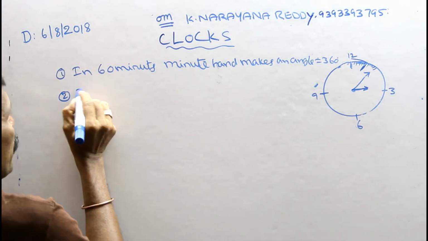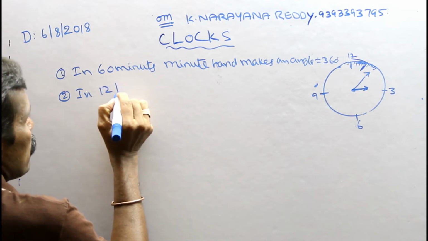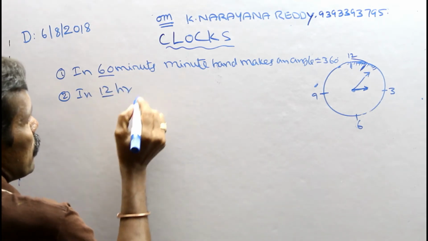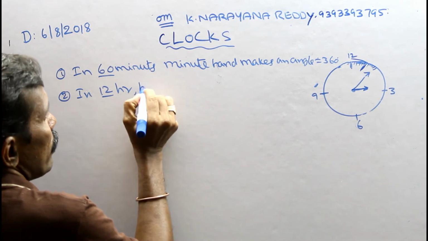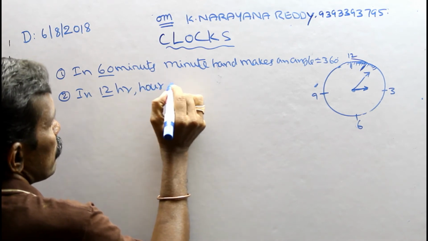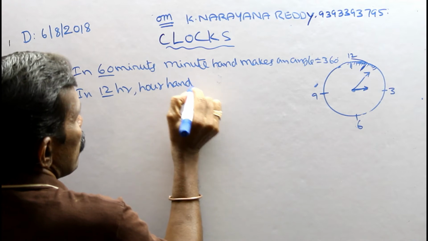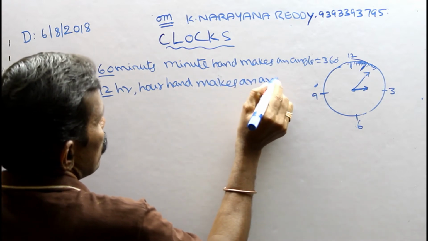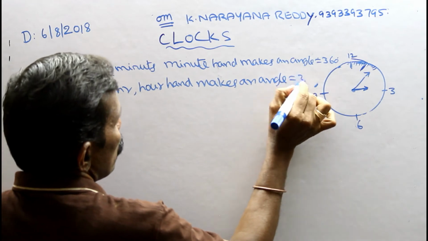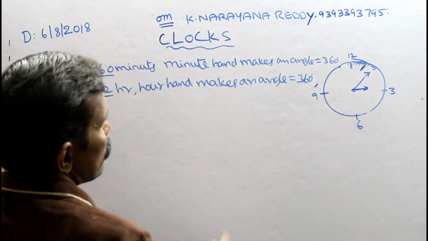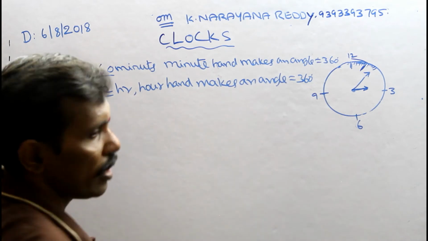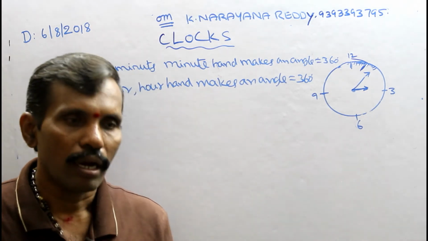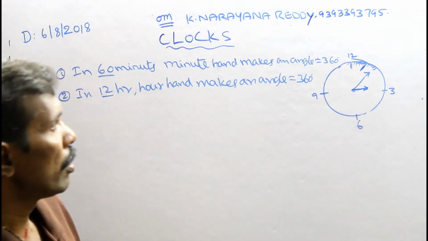In the same manner, in 12 hours, the hour hand makes an angle equal to 360 degrees. Please listen carefully here. There is a difference between the hour hand and the minute hand.